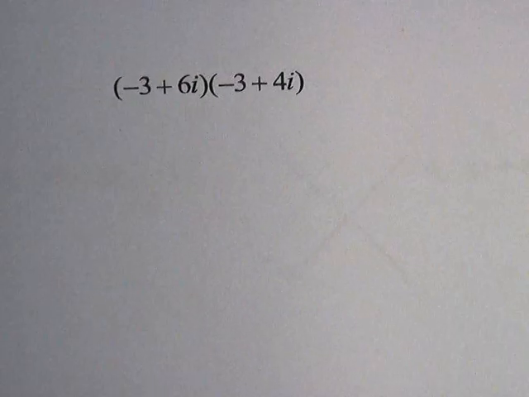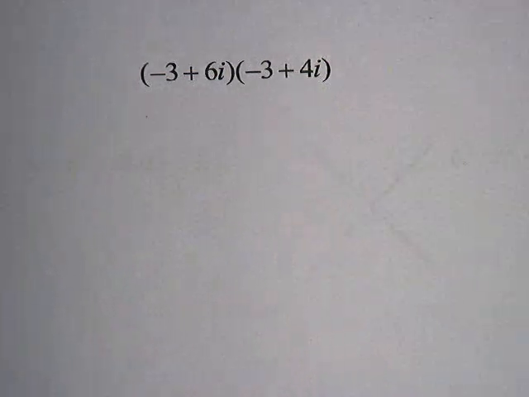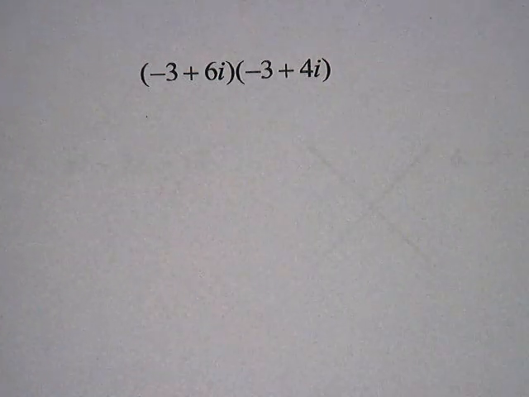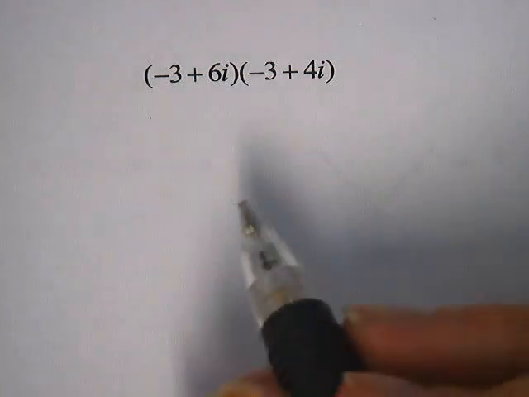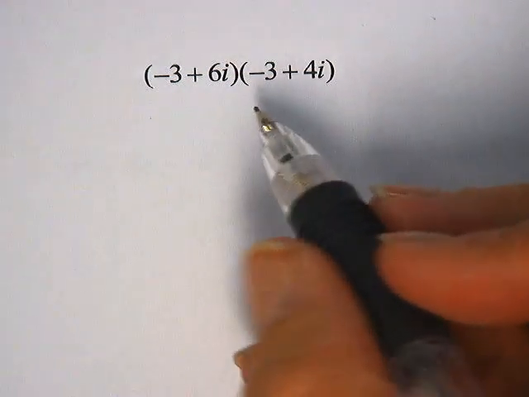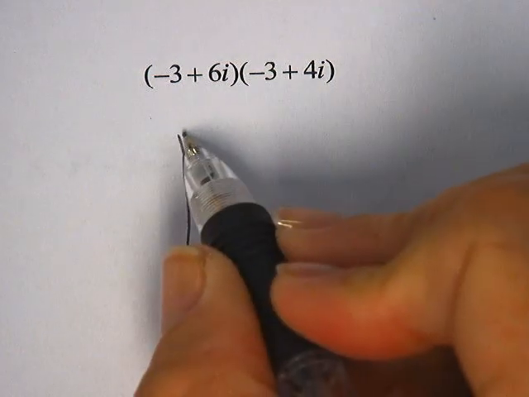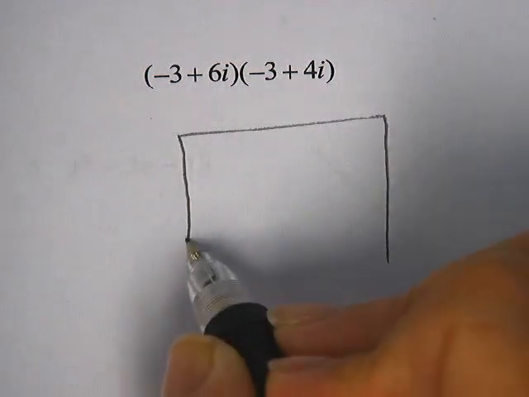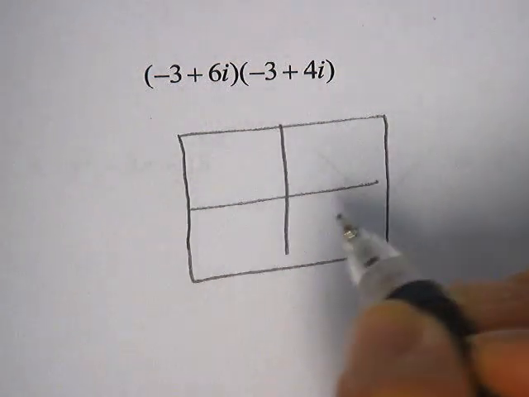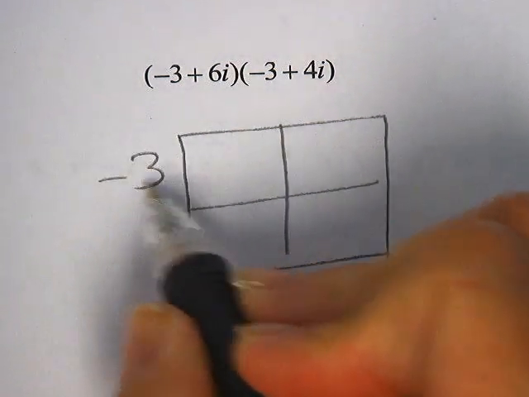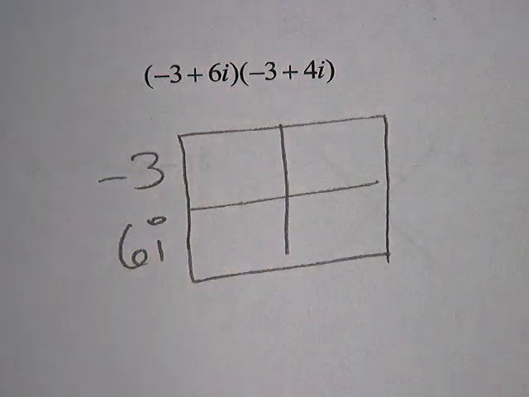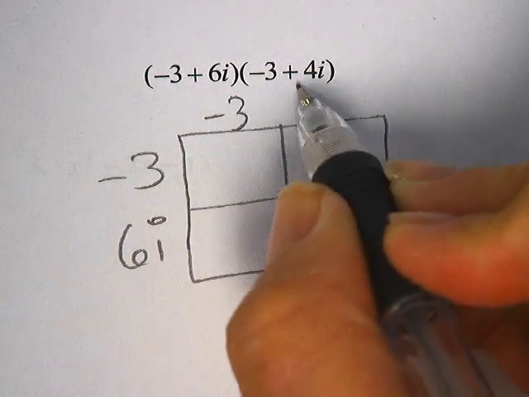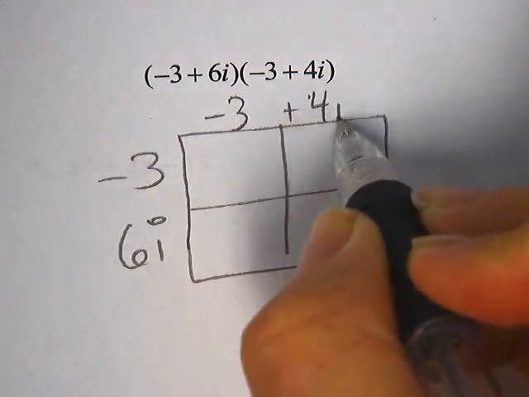Okay. Ooh, this is very similar to a binomial times a binomial. So the way we're going to handle this is either by FOIL or box. I'm going to go ahead and do the box on this guy. We draw our box. We've got negative 3 and a positive 6i, multiplied by negative 3 plus 4i.